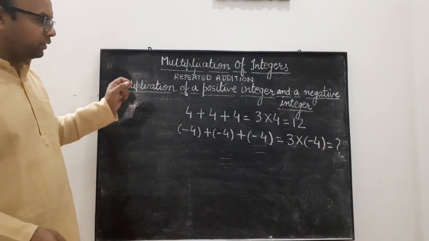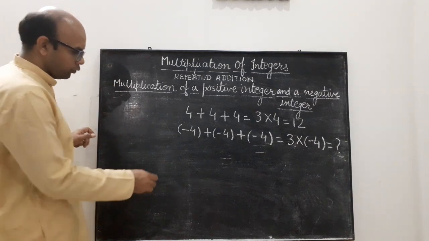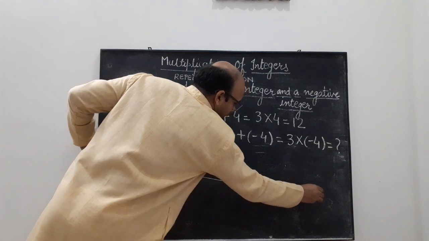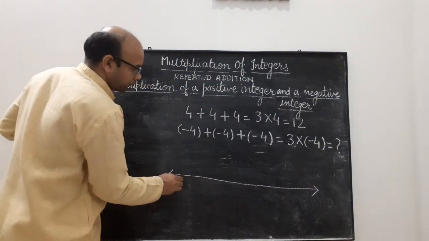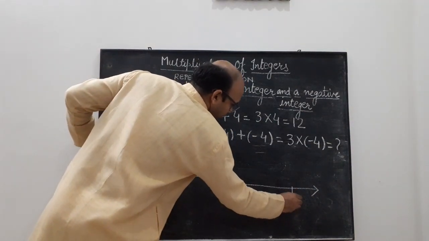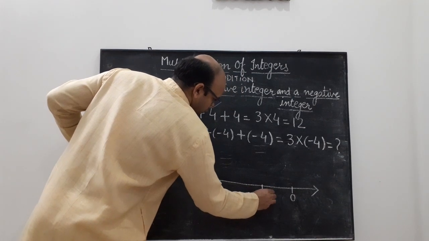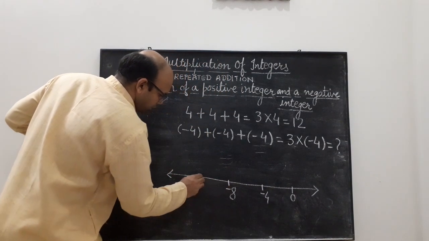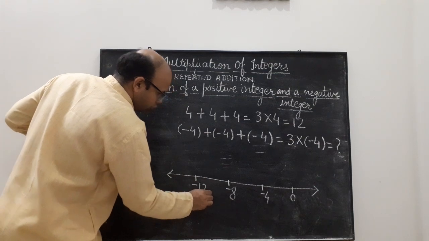We take the help of the number line to investigate what will happen over here. So we have 0, minus 4, minus 8 and minus 12.